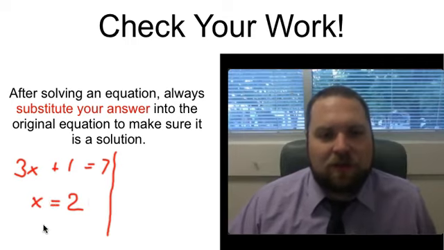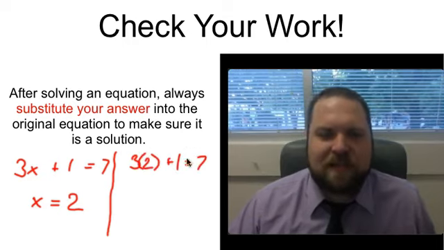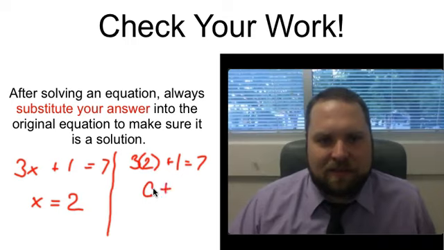I can always check and see if that solution is right. So once I've gotten this answer, all I have to do is substitute that number in for the variable and then evaluate both sides. Remember, evaluate means turn into a number. So 3 times 2 would be 6. So I get 6. I should actually write that as a 6, huh?